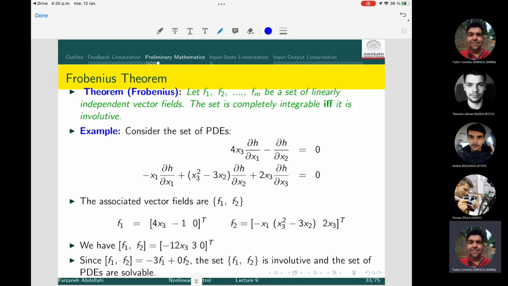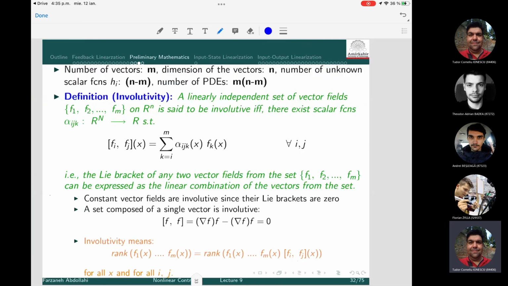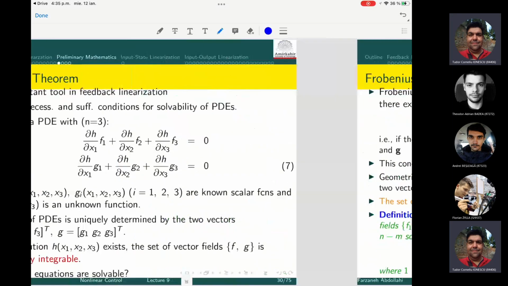Since the Lie bracket of f1 and f2 is this one, the set f1, f2 is involutive, just like the definition says, and the set of PDEs are solvable.